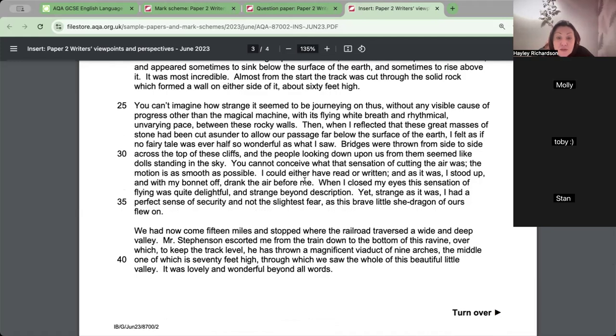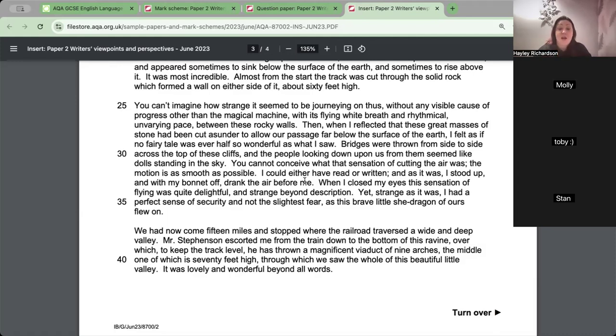We had now come 15 miles and stopped where the railroad traversed a wide and steep valley. Mr. Stevenson escorted me from the train down to the bottom of this ravine, over which, to keep the track level, he has thrown a magnificent viaduct of 9 arches, the middle one of which is 70 feet high, through which we saw the whole of this beautiful little valley.